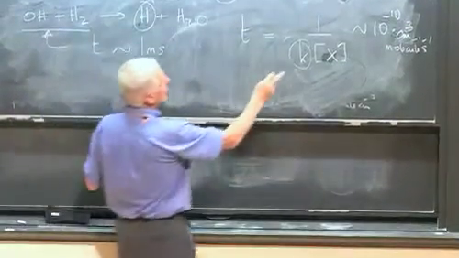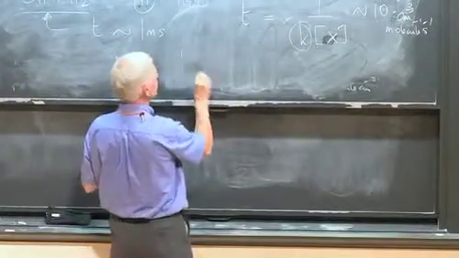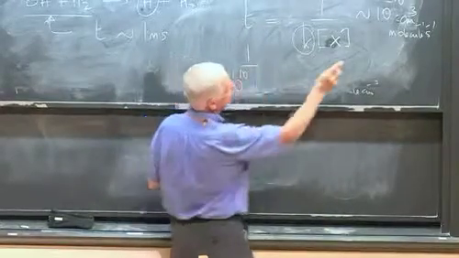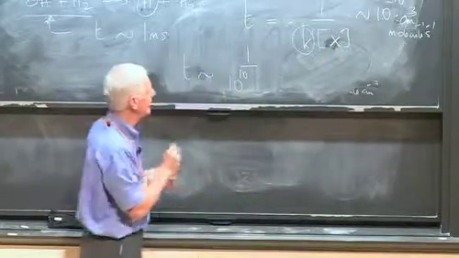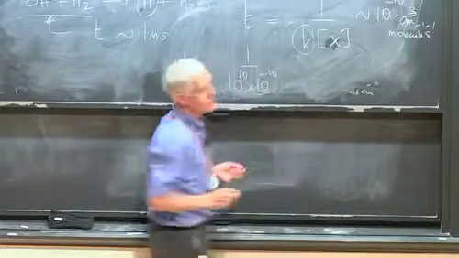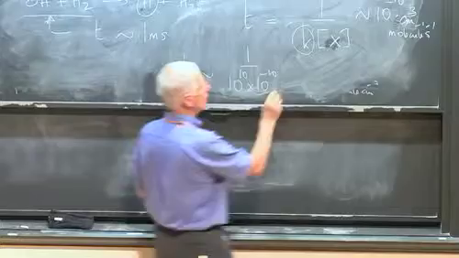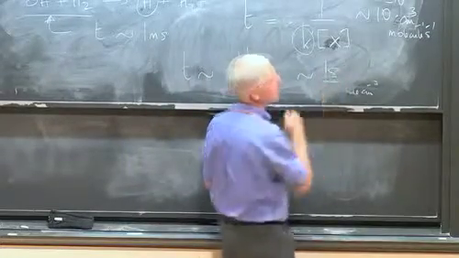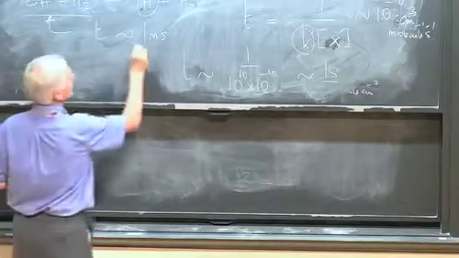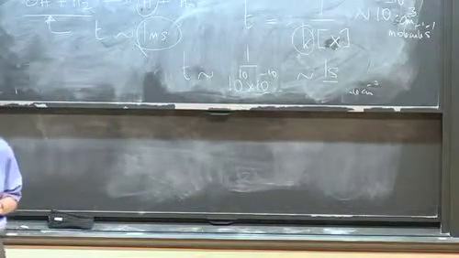And so this time scale then is going to be of the order of 1 over 10 to the 10, which is the concentration here, multiplied by 10 to the minus 10, which is the rate coefficient, which is the order of 1 second.